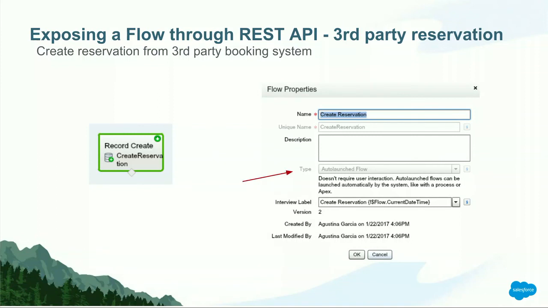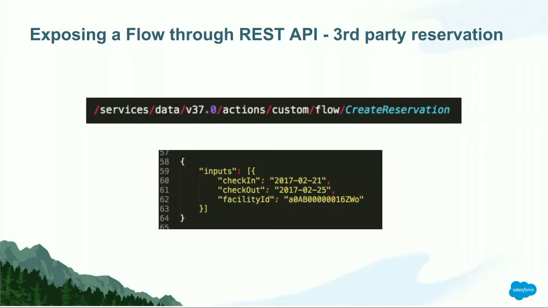But the important thing of this flow is that we need it to be auto-launched. Why? Because if you make a flow that is auto-launched, an endpoint is automatically created for you on the REST API. And then any third party will be able to call this endpoint, passing in the information that we need for creating the reservation, and that will work fine.